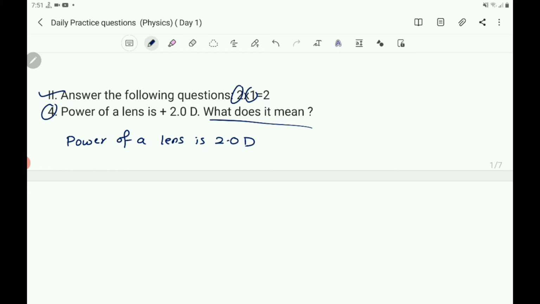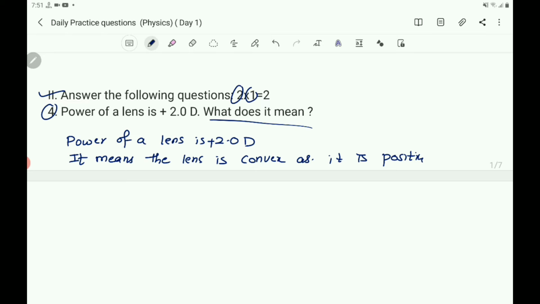2.0 D. It means the lens is a convex lens, because it is positive.